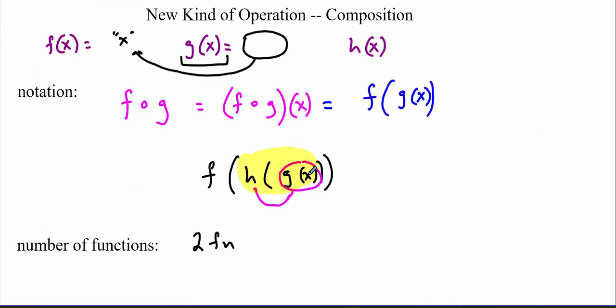If you have 3 functions like this, a string of 3 functions, I tend to think of this function as my inner, this function as outer, and this H function as kind of like the middle, right? It's literally in between the inner and the outer.